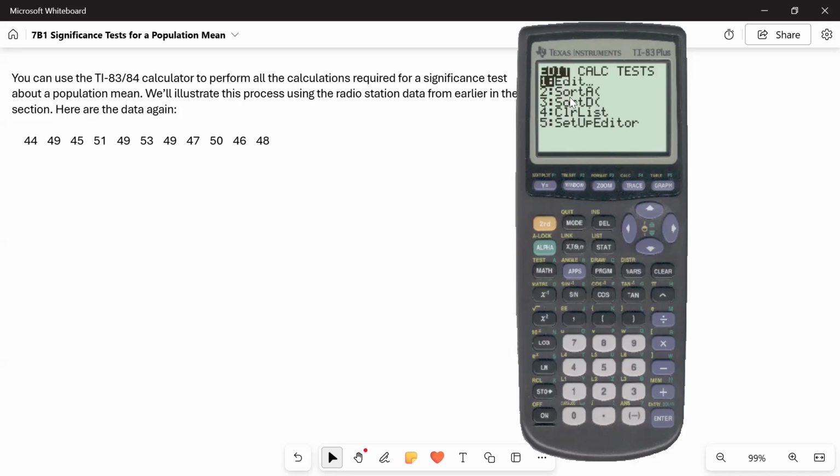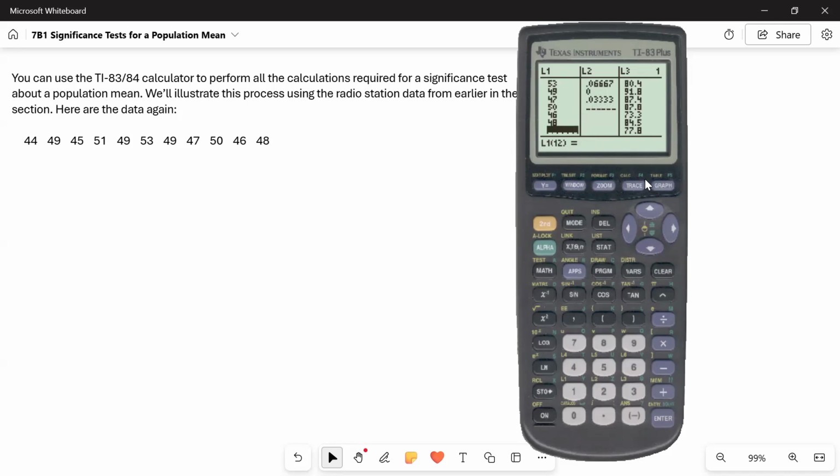So stat edit number 1, and we're going to go to list 1. If you highlight L1 and hit clear and then enter, it'll just delete that whole list. Then you can start entering the values 44, 49, 45, 51, 49, 53, 49, 47, 50, 46, 48.